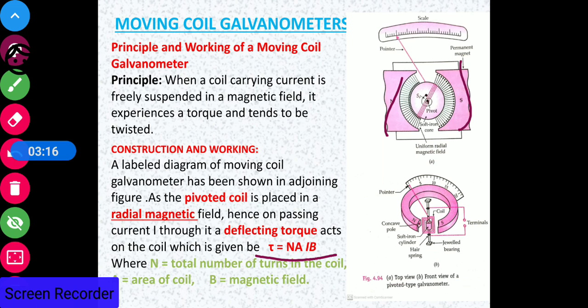So by using the radial magnetic field, the value of theta is always 90 degrees. So the torque is always maximum, equal to NIAB. Here N is the total number of turns, A is the area of the coil, B is the magnetic field, and I is the current flowing in the coil.